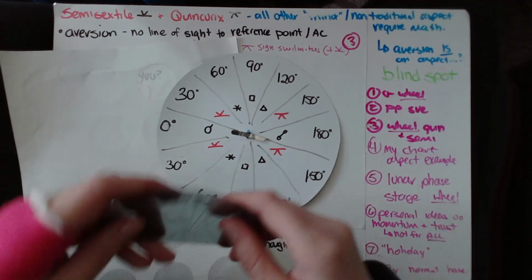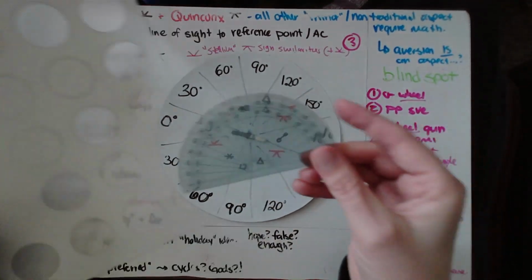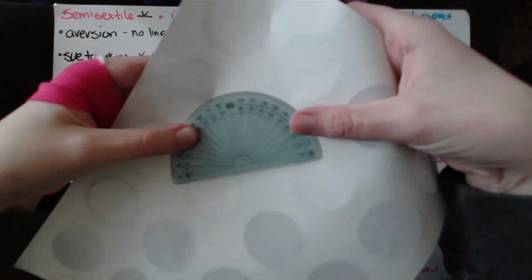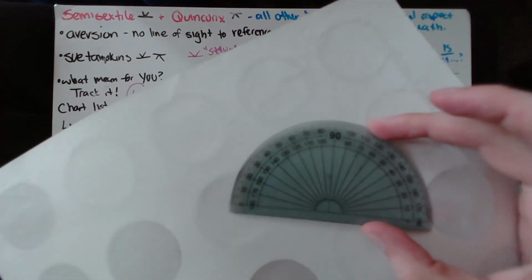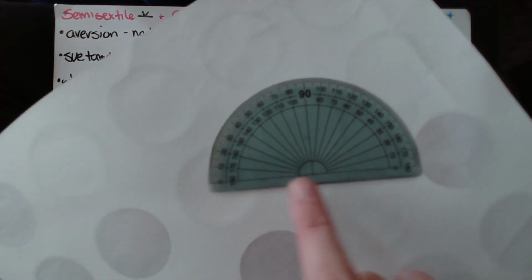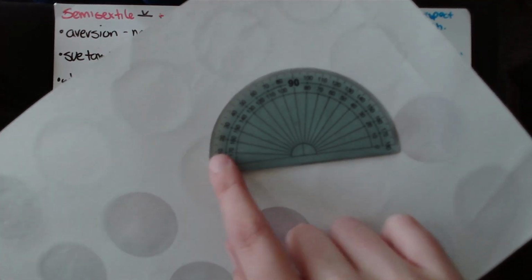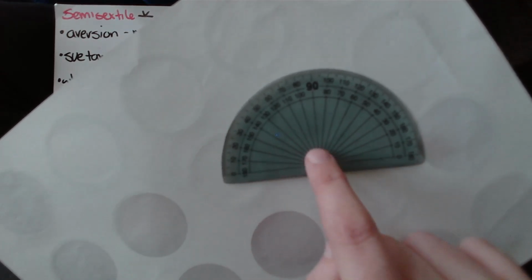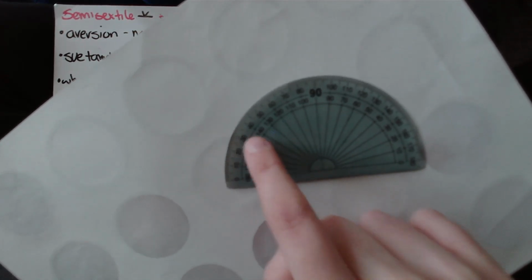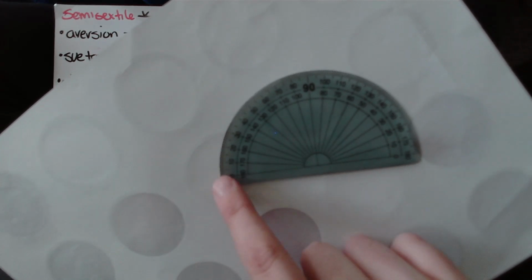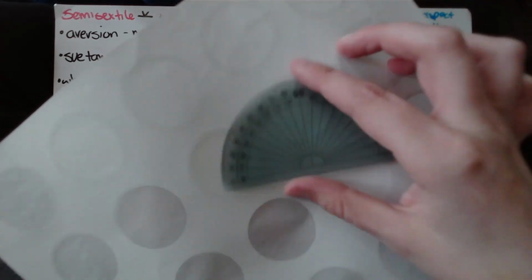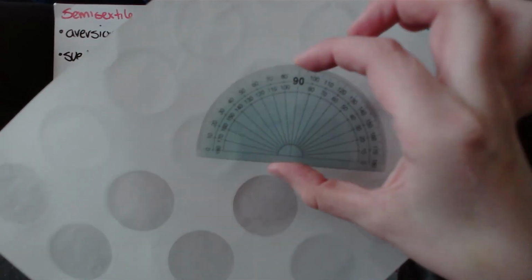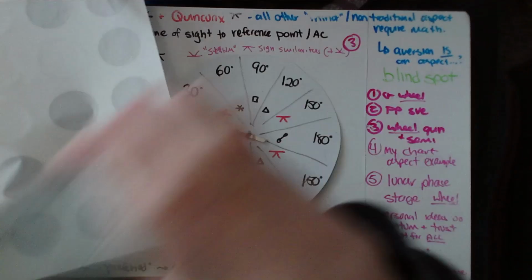And if you're confused about the degrees, let's look at one of these guys, right? So we've got 0 to 180, 0 to 90, 0 to 60, 0 to 30, 0 to 120, 0 to 150, right? That's what we mean by degrees. It's using circular degrees in how we talk about that.